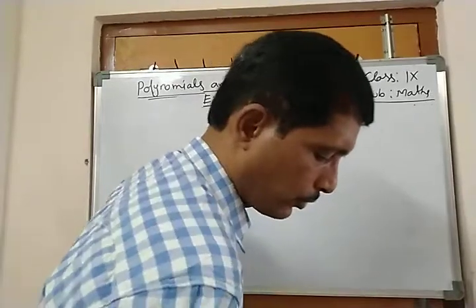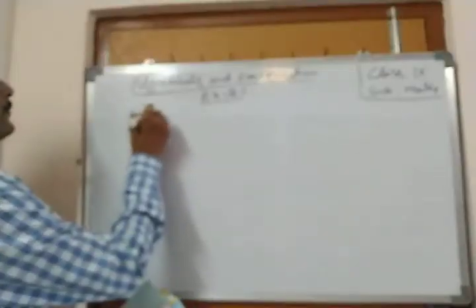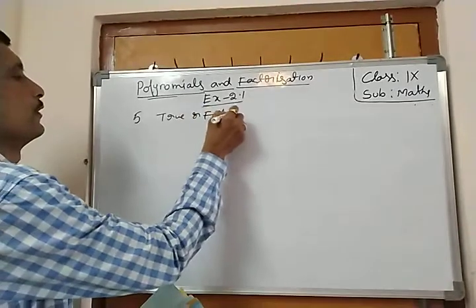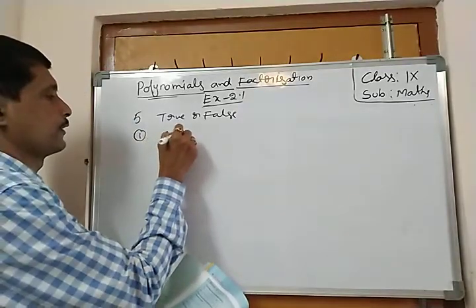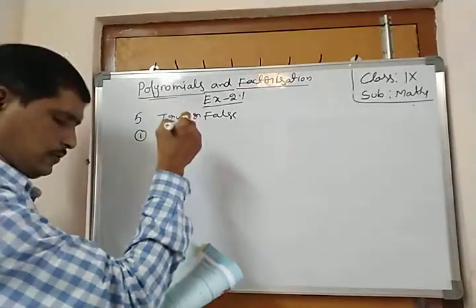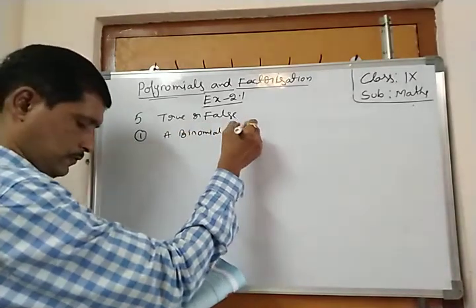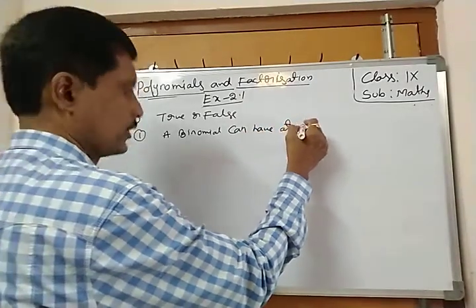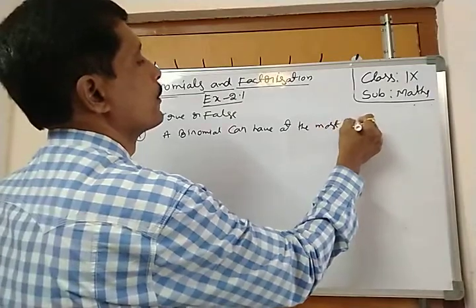Next one is true or false. Fifth one, true or false. Here, first question: a binomial can have at the most 2 terms.